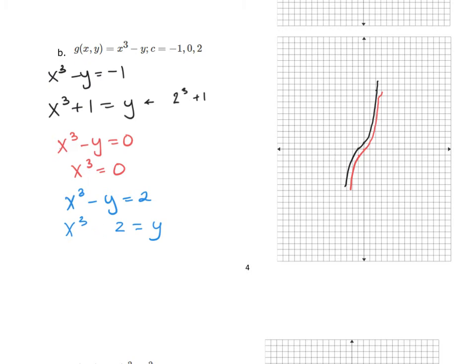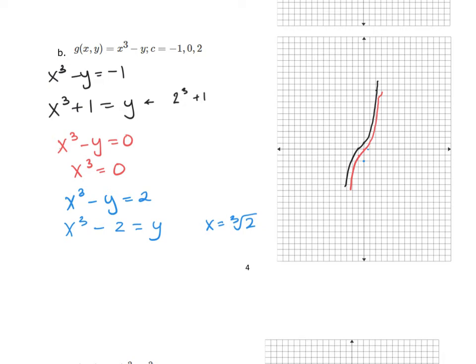Okay, that's -2. So I put in 0 for x, and a -2 comes out, so it's going to be down here. So here's -2. And when my y is 0, my x is equal to the cube root of 2, which is about right there, less than 1.